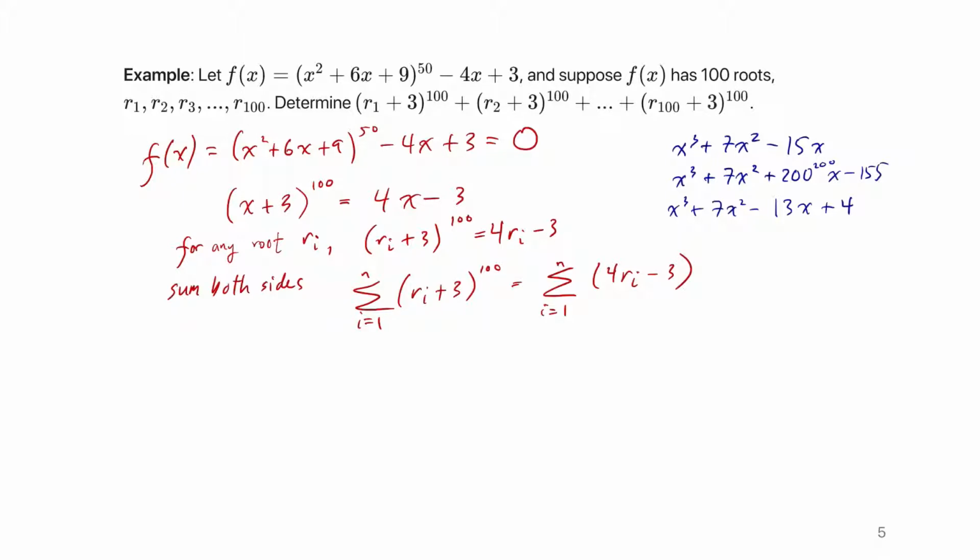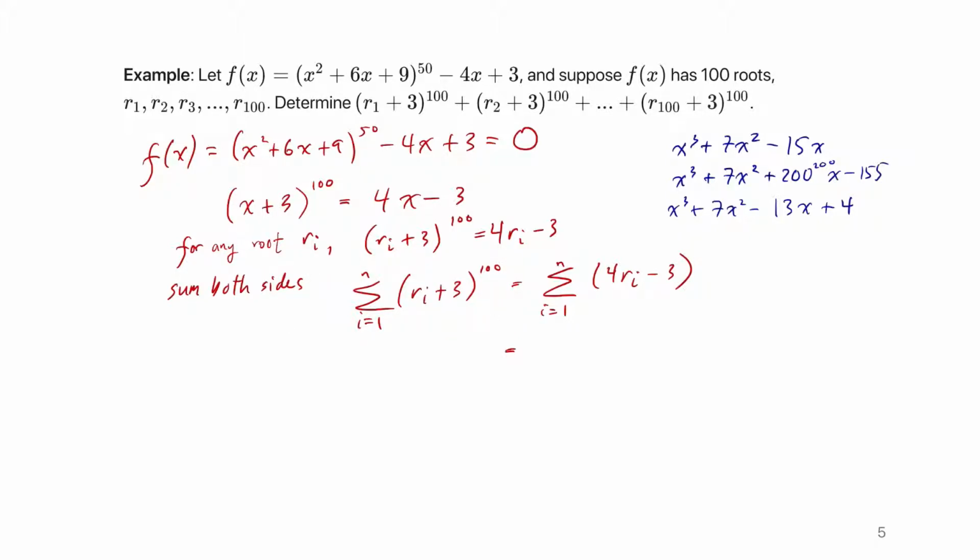And now you agree with me that the thing on the left is just what I'm looking for. Right? I want (R1 + 3)^100 plus (R2 + 3)^100, and so on and so forth. And that's really just what this is. So all I have to do now is evaluate the right-hand side. Is that okay?